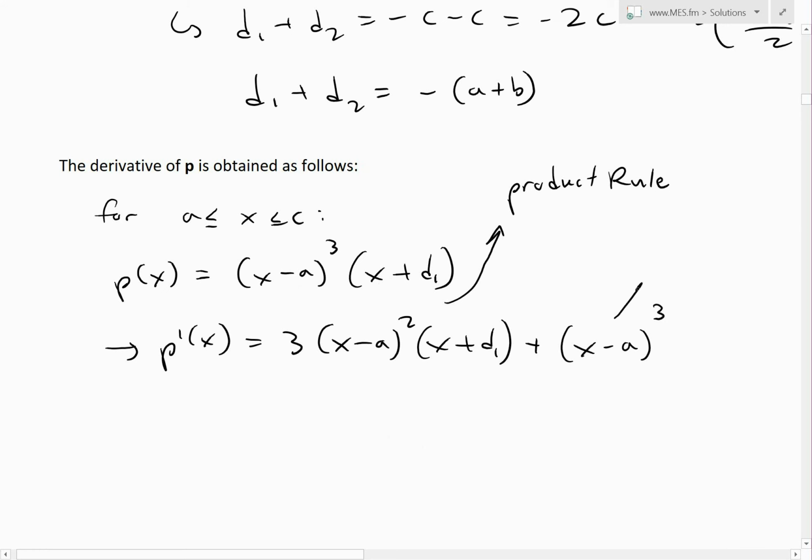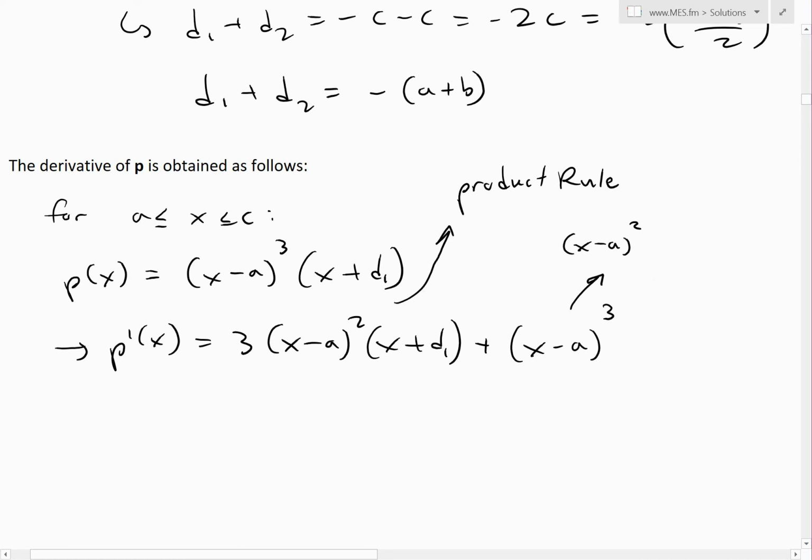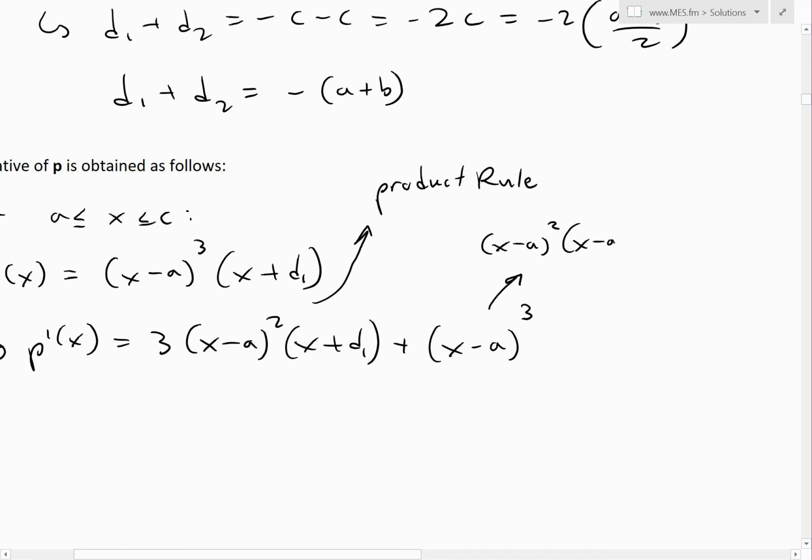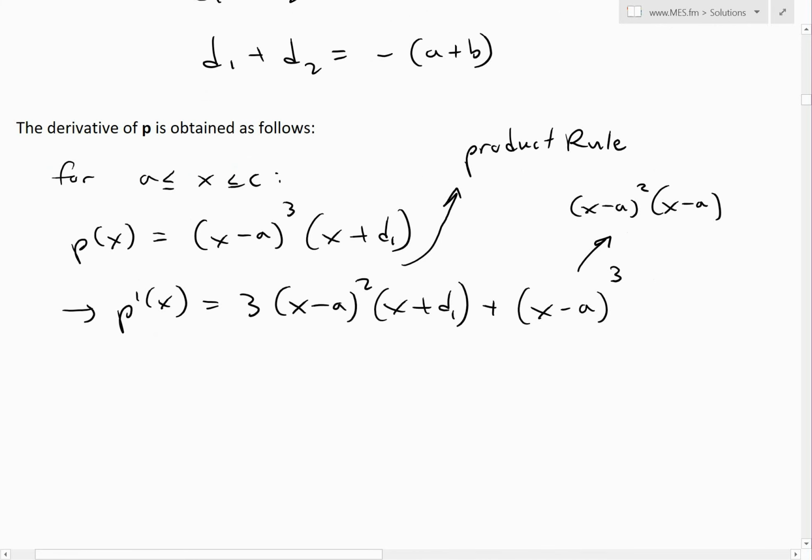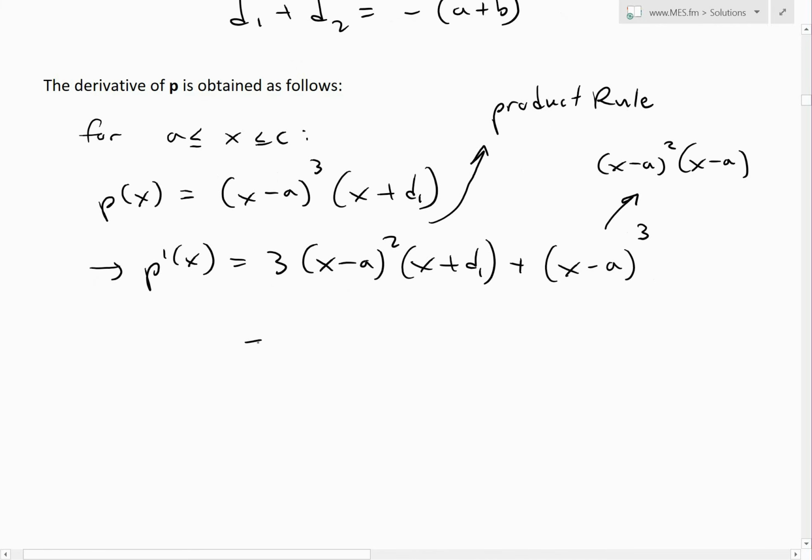And now this part right here, you could also write this out as x minus a squared times x minus a, so that we could take out this x minus a squared. So this equals 2, just factor out the x minus a squared. So now we have 3 x plus d1, like that, and then we are going to add this x minus a.